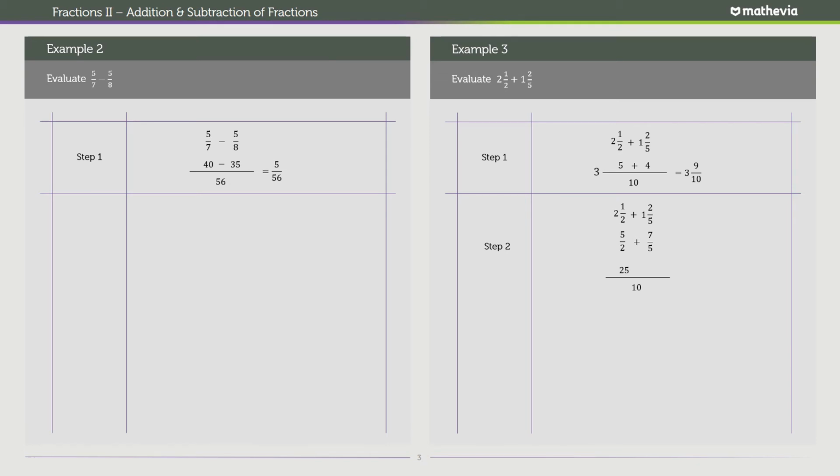So 10 divided by 2 gives you 5, 5 times 5 gives you 25, plus 10 divided by 5 gives you 2, 2 times 7 gives you 14. And what you have in the end is 39 over 10, 25 plus 14 is 39, and finally 39 divided by 10 gives you 3 whole number 9 over 10. Very simple, very straightforward. Let's move on to the next question.